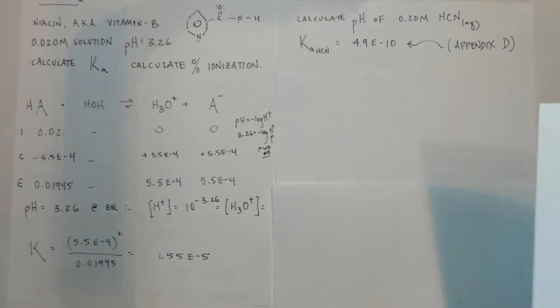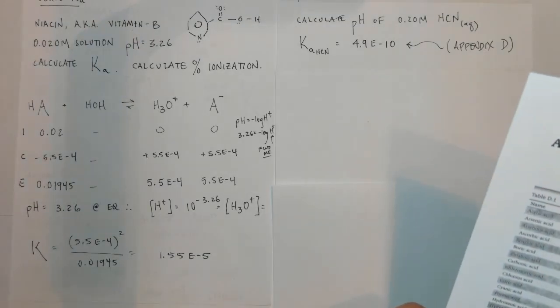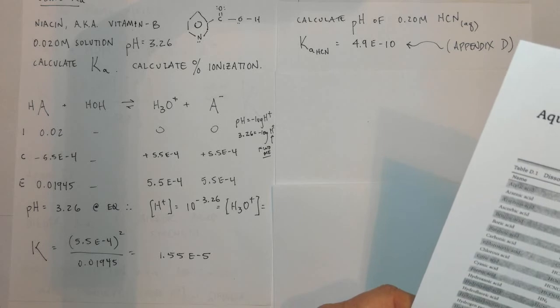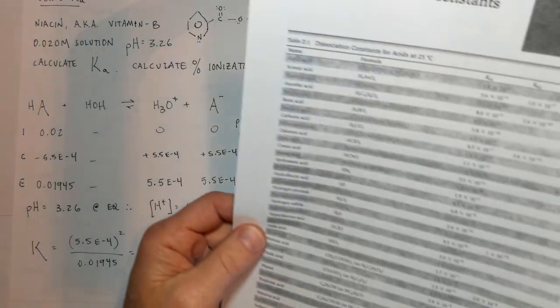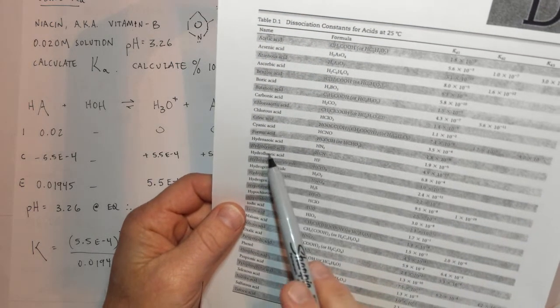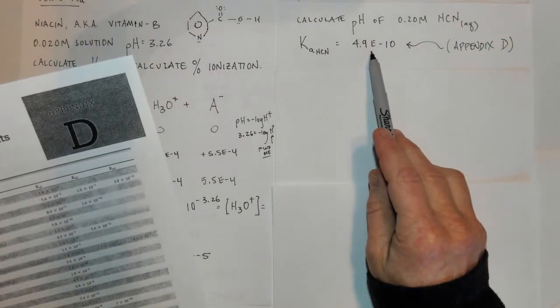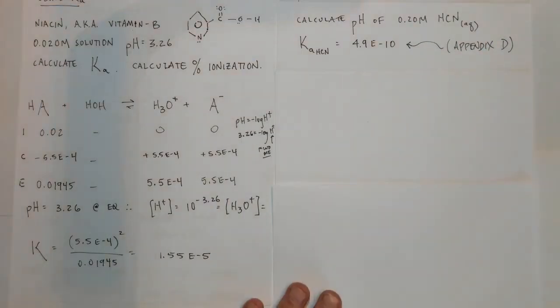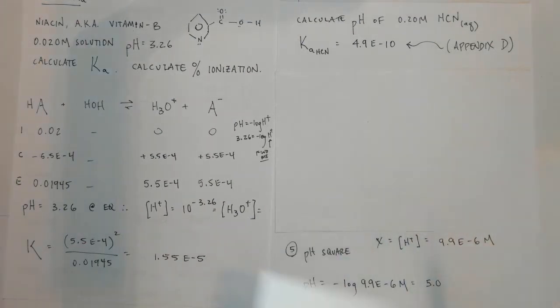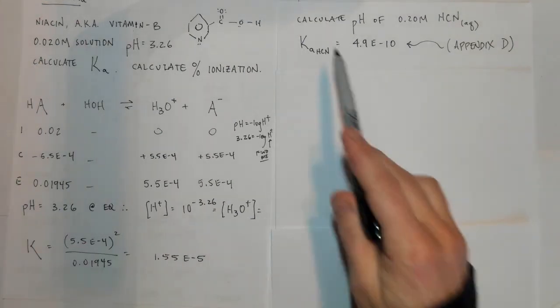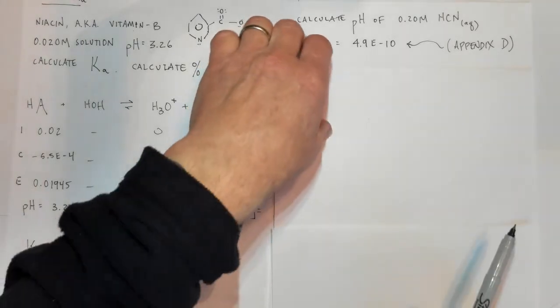The Ka of hydrocyanic acid is right here, and it's 4.9 times 10 to the negative 10th. Lots of times they don't give you this Ka in the problem. You'll have to look it up in Appendix D, and that's why I said printing it is sometimes a really good idea.